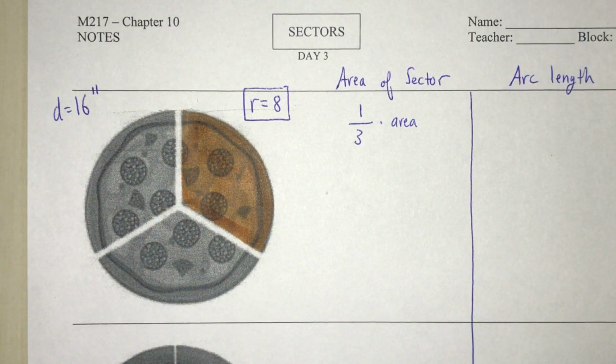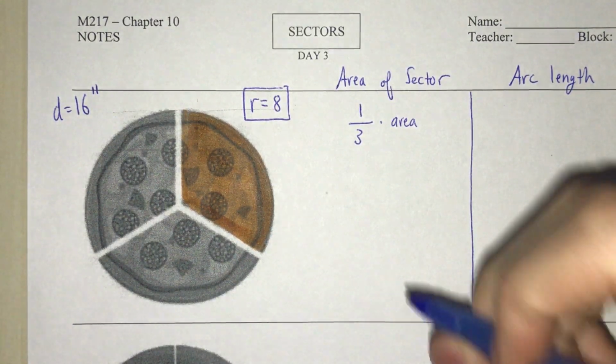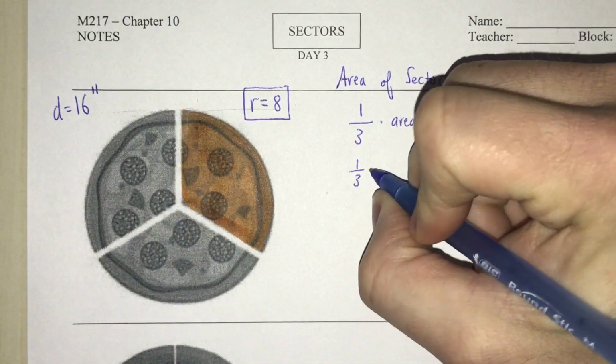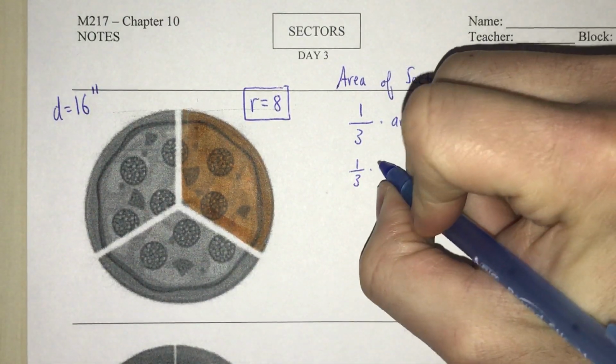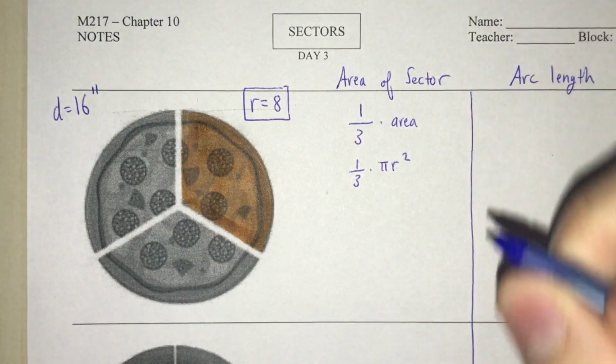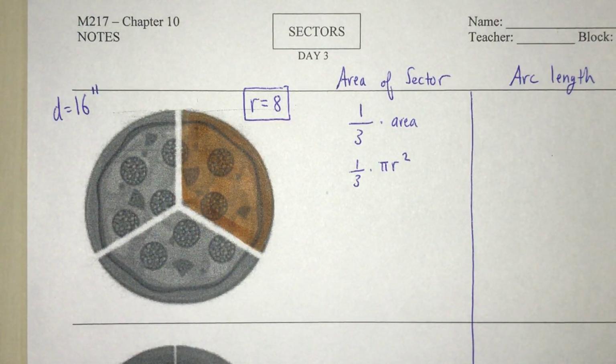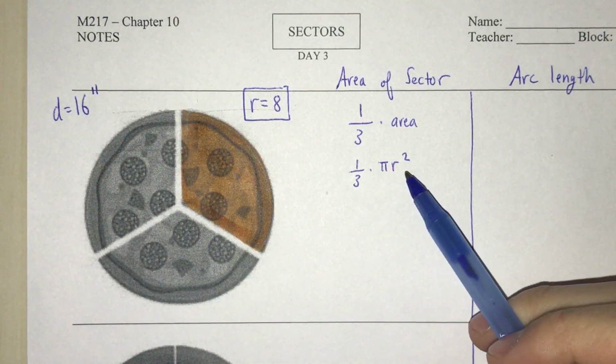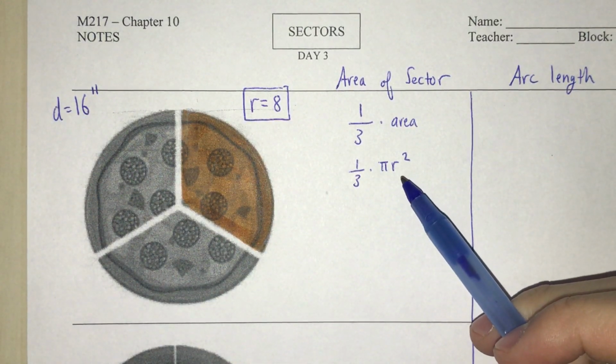Every example is a little different. Area of a sector is literally just taking a fraction of the total area. If you guys remember, I'm going to write 1/3 again. The area of a circle is pi r squared. So when you find the area of a sector, it's a fraction times pi r squared, which is the area formula.